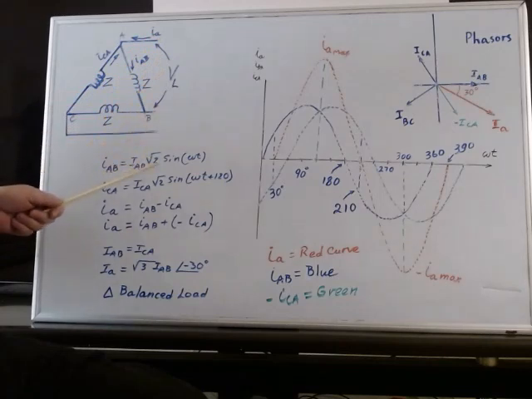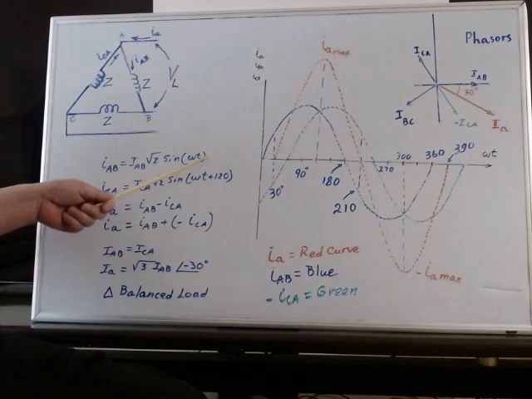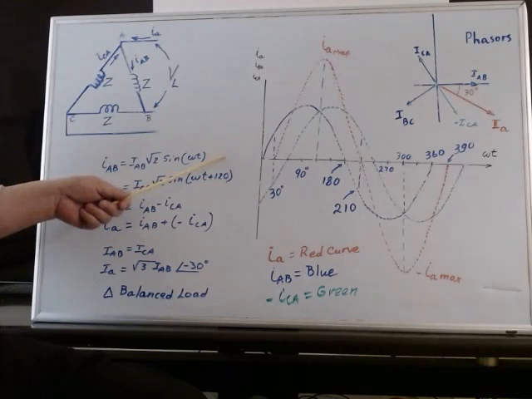In terms of sine, you can express IAB as equal to the RMS value of IAB multiplied by the square root 2 multiplied by the sine omega t, taking into consideration the reference of 0 degrees.